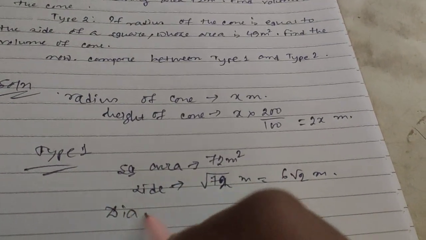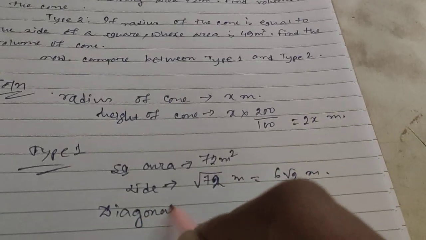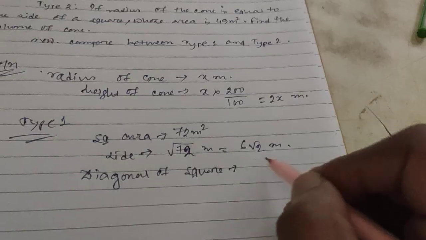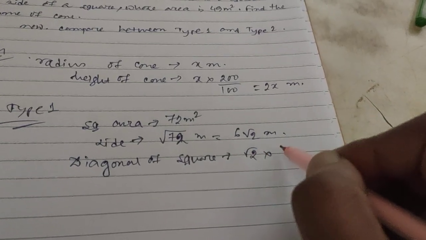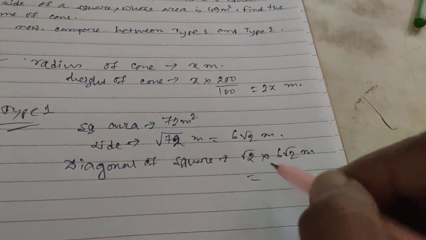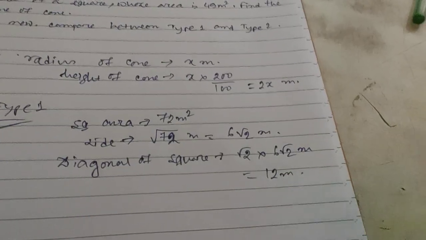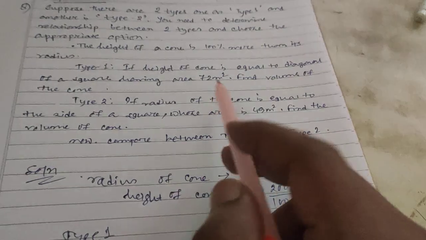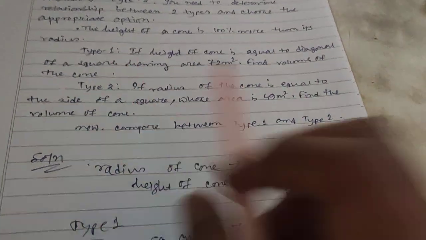So what is the diagonal of the square? The diagonal of the square is root 2 multiplied by 6 root 2 meter, which is 12 meter. Clear? So now you have to calculate the volume of the cone.